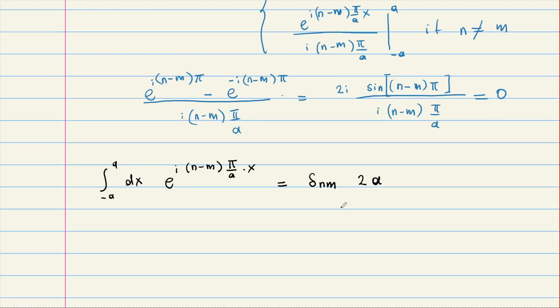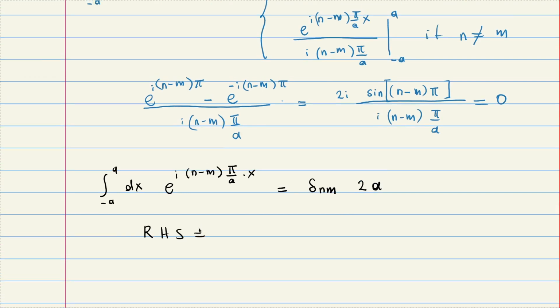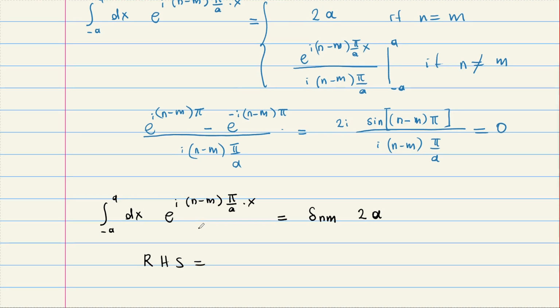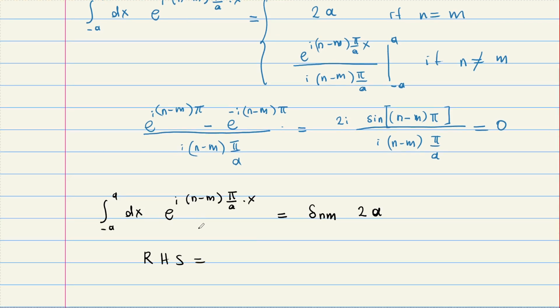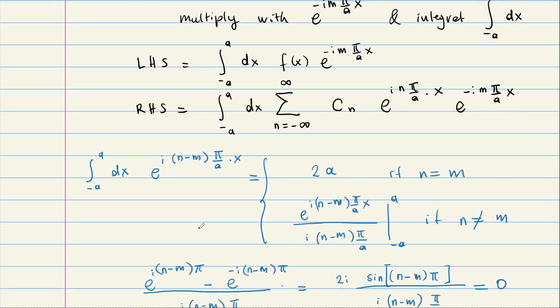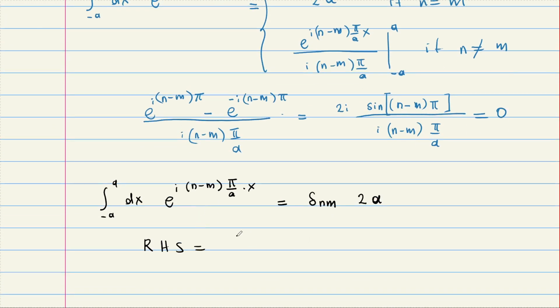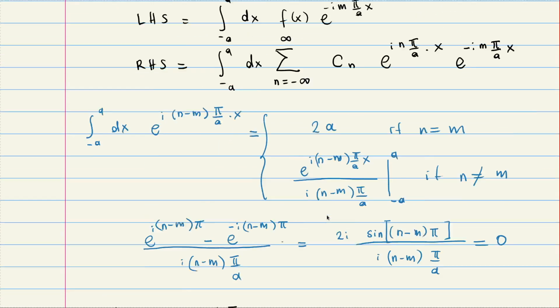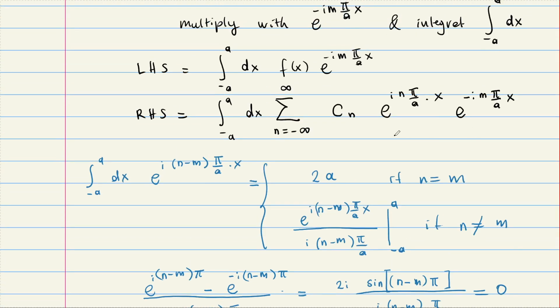Therefore, let's go back to the right hand side. Yes. We know that, but even if we didn't know, we could see it from the integral. Now, this is the sum n equal to minus infinity to plus infinity of Cn, and we took the integral, so let's put it.